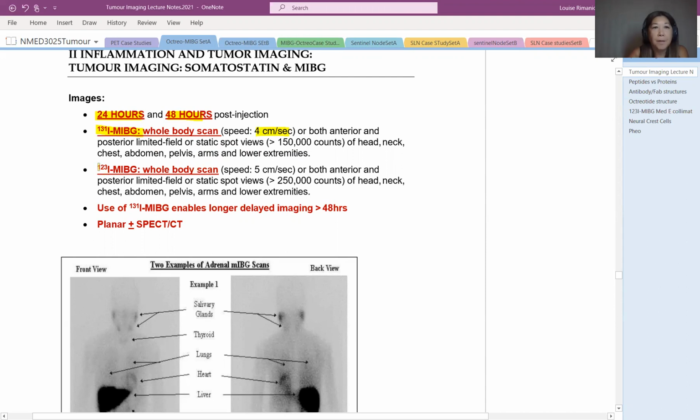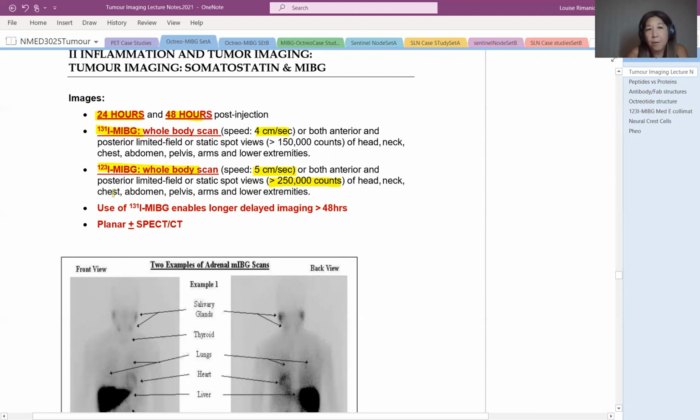Similarly, if you're using I-123, scan speed's still slow, but a little bit faster than I-131. And we'll try to acquire more than 250,000 counts. Again, either in whole body mode, or you can do static planar views.